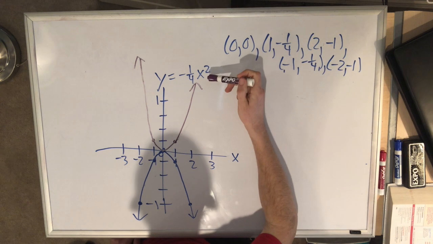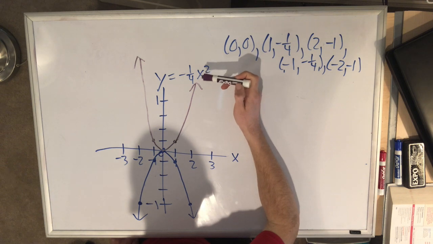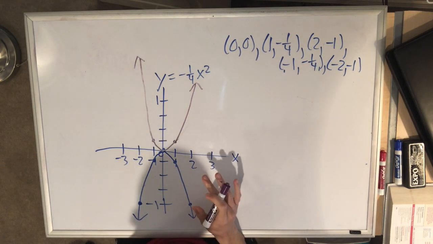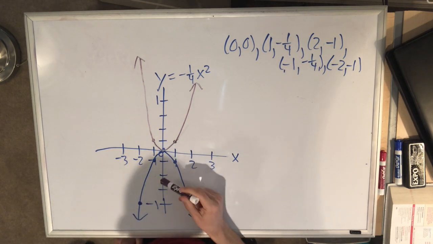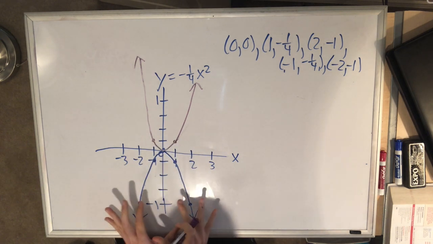So if you multiply a function by a number with an absolute value less than 1, it causes vertical shrinking. So the graph rises more slowly and it's going to look wider.